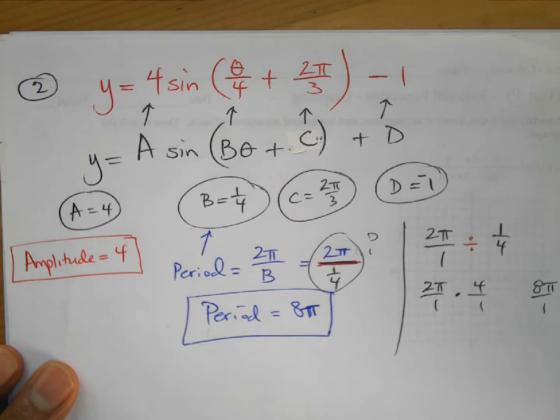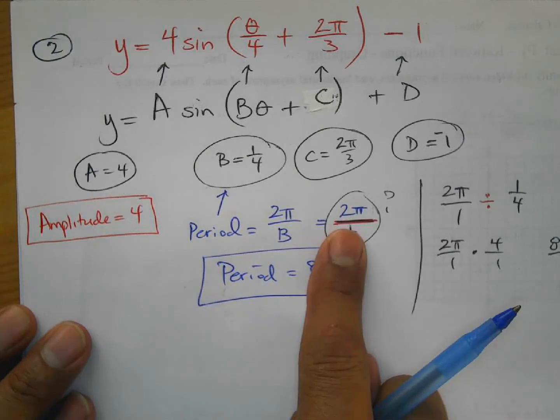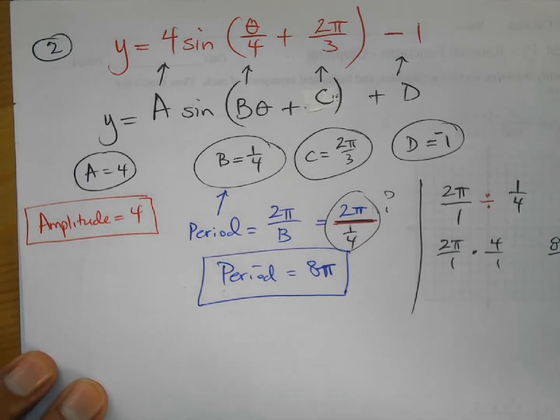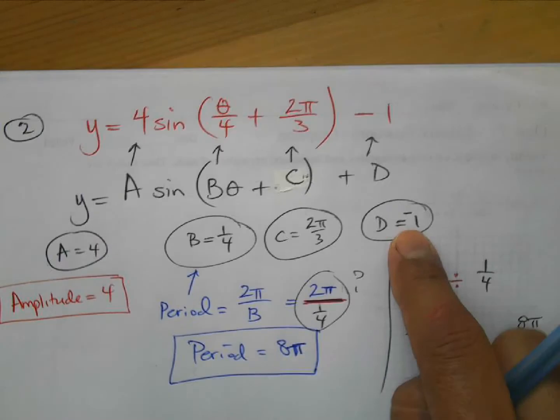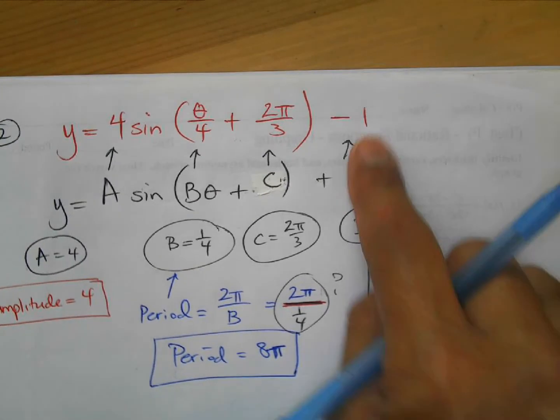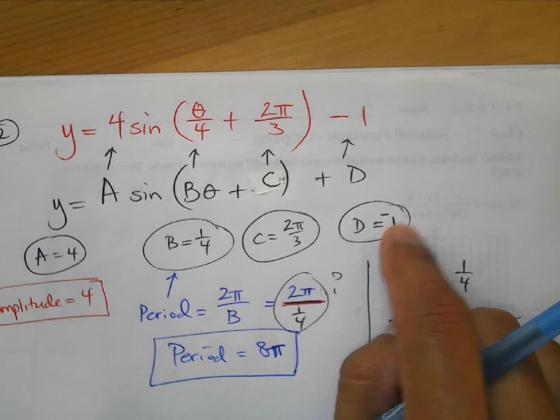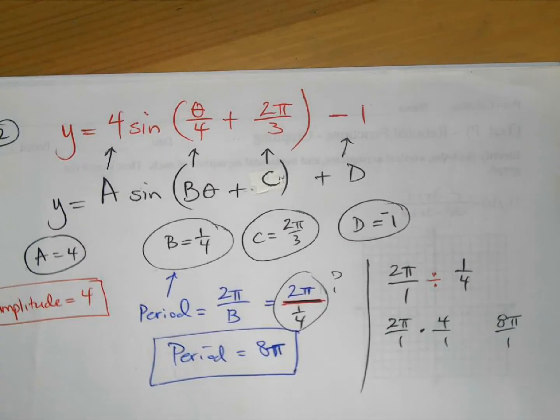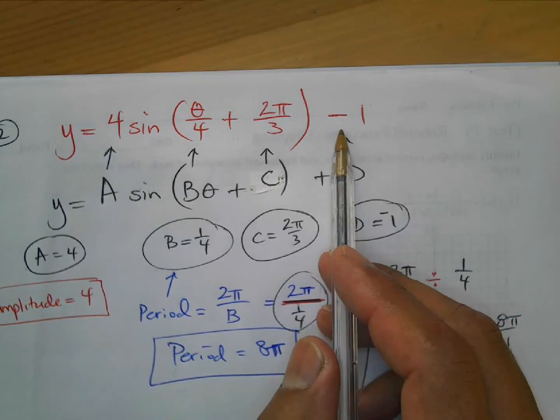That's not the new stuff. The new stuff is the C and the D. Let me go ahead and take care of the first one. Remember, this D, this number out here, is your vertical shift. Vertical shift is how much it moves up and down. If it's a positive value, you're moving up.